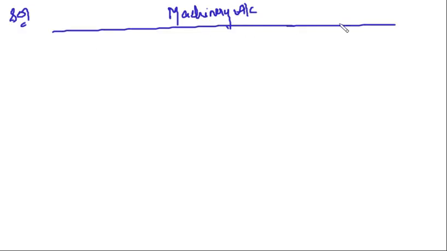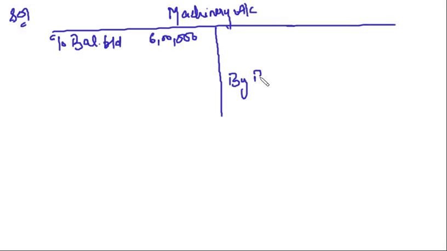We can simply prepare that. Easy. So we will prepare the machinery account. We are given the opening balance, balance brought down. This is 6 lakhs, and we are also given the closing balance, balance carried down. This is 8 lakhs.